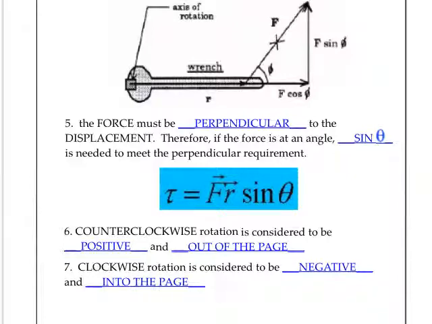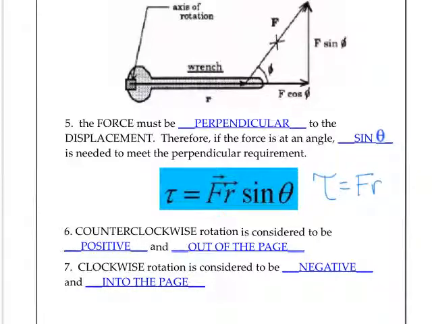And therefore, if you happen to have a force given at an angle, you would use the sine of that angle to give us that perpendicular requirement. For us, most of the time, you're probably never going to see an angle, so I wouldn't worry about that too much. That's going to mean that our formula is mostly going to reduce down to the torque is equal to the force times the lever arm. And an R is used because it is so similar to a radius.